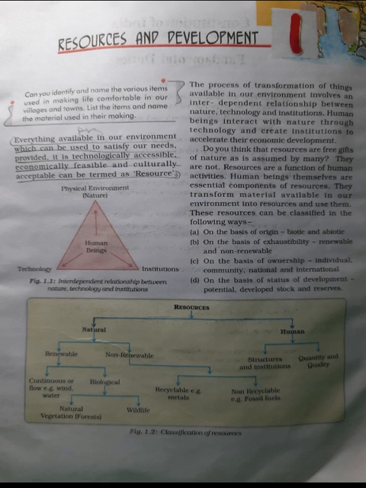On the basis of exhaustibility, the resources are renewable and non-renewable. And on the basis of ownership, like individual, community, national and international, we'll discuss in detail. On the basis of status of development: potential, developed, stocks and reserves.